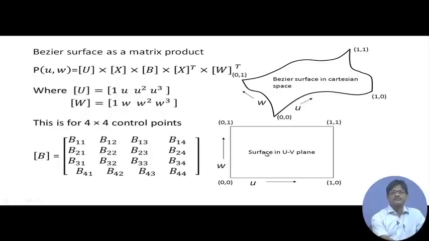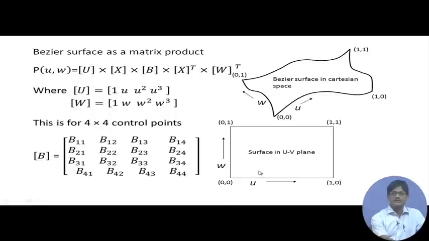If we try to draw the surface, this is the Cartesian space representation. If we draw the surface on a UV plane, just like a graph paper where x is replaced by u and w replaces the y coordinate, the surface will look exactly like a rectangle, or rather a square in this case, because adjacent sides of the rectangle are equal.